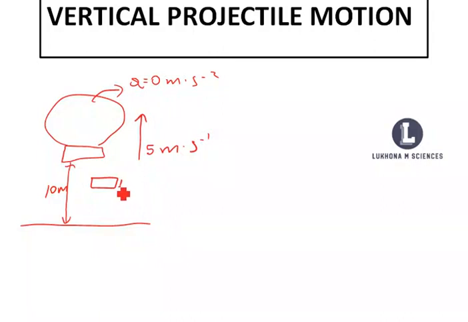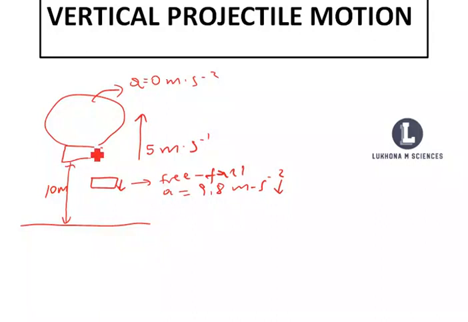But if they say ignore the effect of air resistance, this one is on free fall. So the cell phone is on free fall, meaning that the cell phone is having the acceleration which is 9.8 meters per square second downwards.